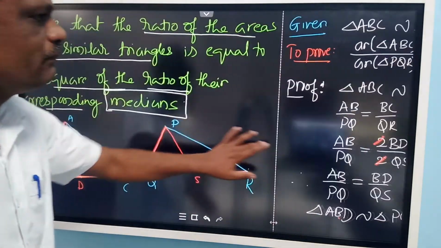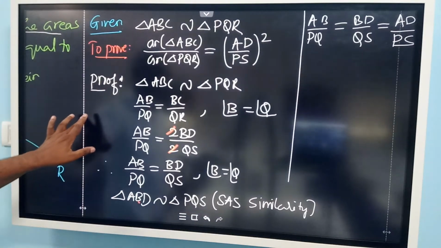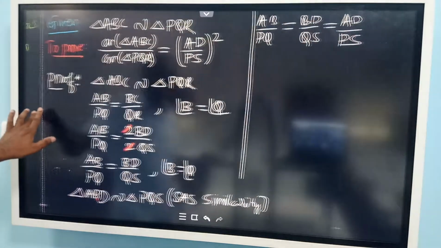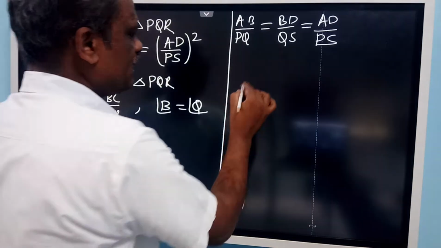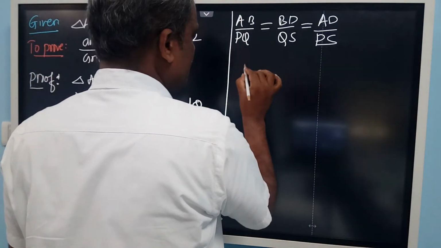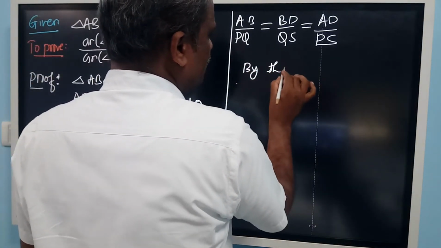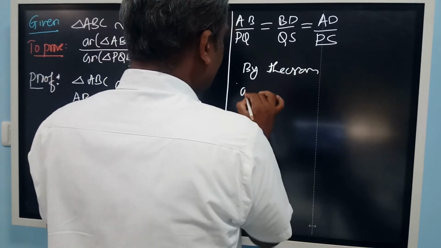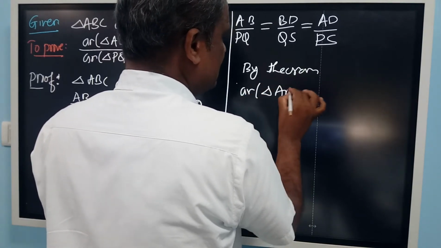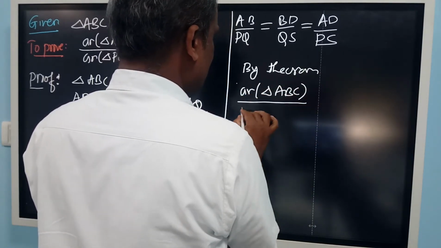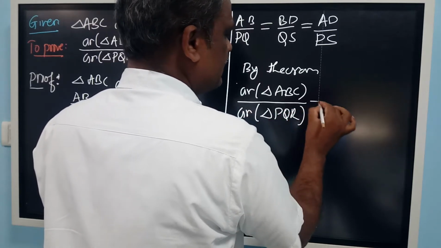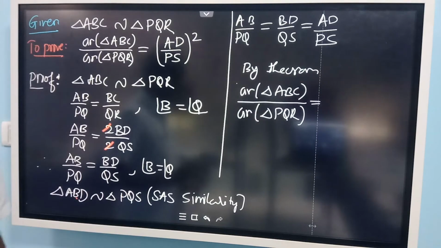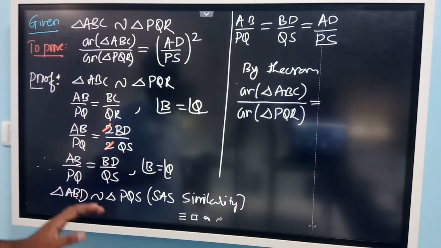And at the same time, for triangle ABC, we have one theorem related to the area of similar triangles. By theorem, area of triangle ABC by area of triangle PQR is equal to the square of the ratio of their corresponding sides.